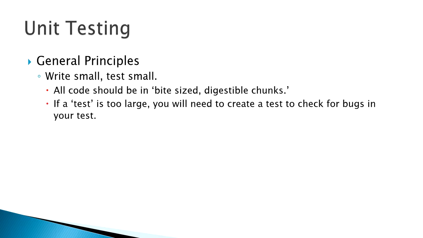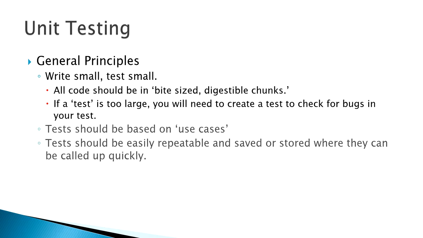In fact, it's even more important that the test is small, that you just test one little bit of functionality at a time. If tests become large, then you have to create a unit test to check for bugs in your test, right? That would just be silly. So you'll find that unit tests are very, very small, designed to test usually one little bit of functionality at a time.